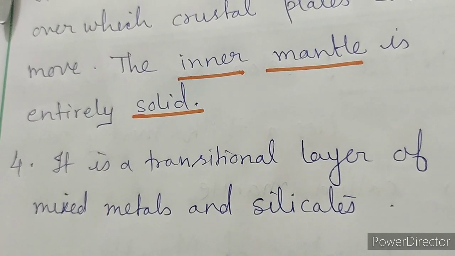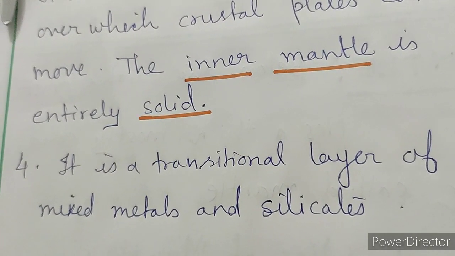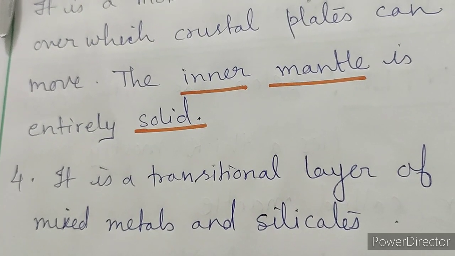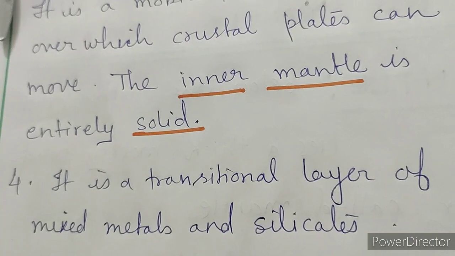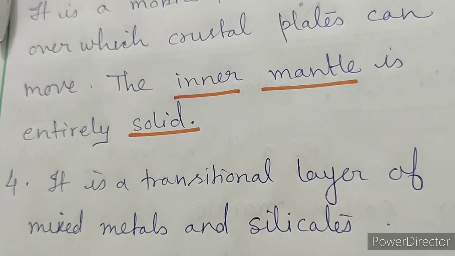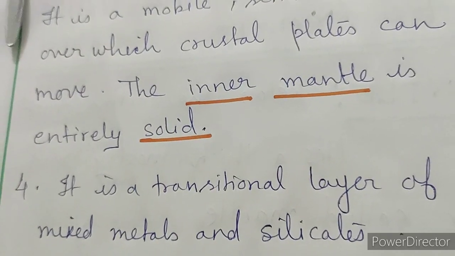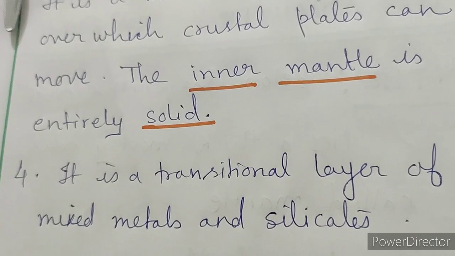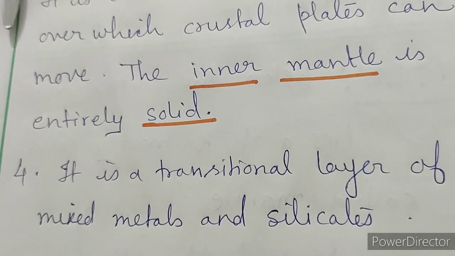Fourth characteristic, it is a transitional layer of mixed metals and silicates. In the crust, we have learned that continental crust is made of silicon and aluminium, and the oceanic crust is made of silicon and magnesium. But here we see that it is made up of mixed metals.